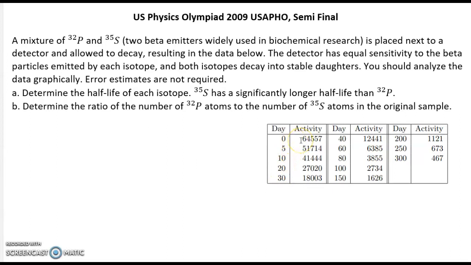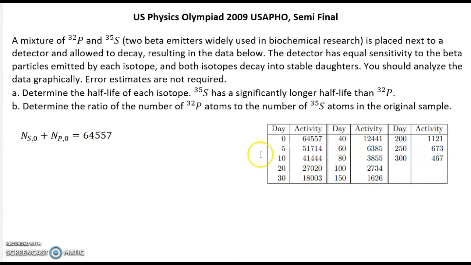So first we can write the initial equation. Let's say NS0 is the activity of element S on day 0, and NP0 is the activity of element P on day 0. Together they will give us this initial activity.